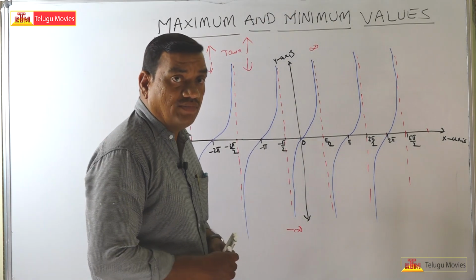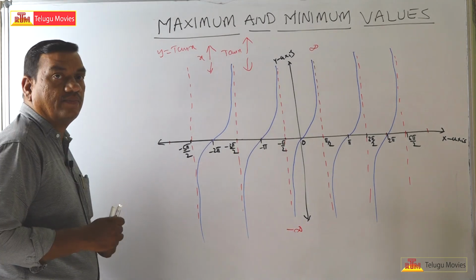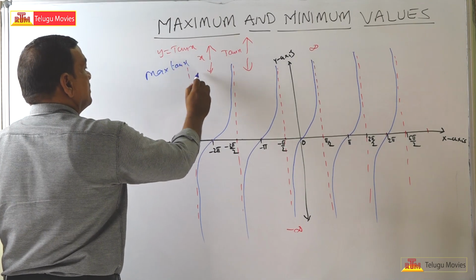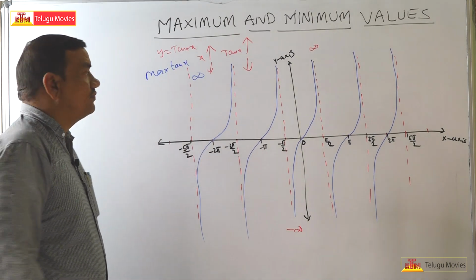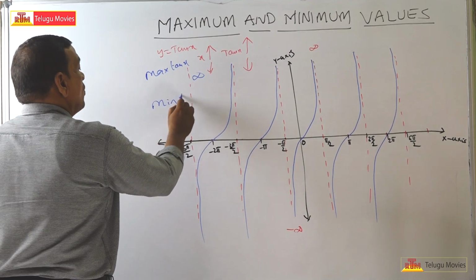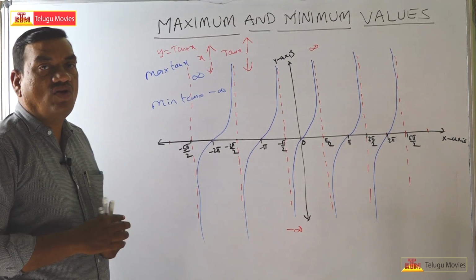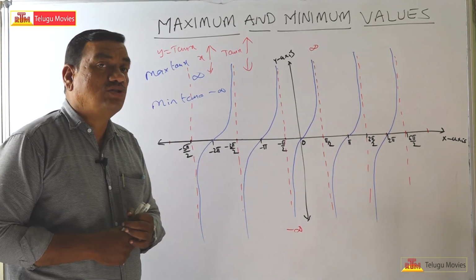So from this, the maximum value of tan x is not defined, and the minimum value of tan x is also not defined.